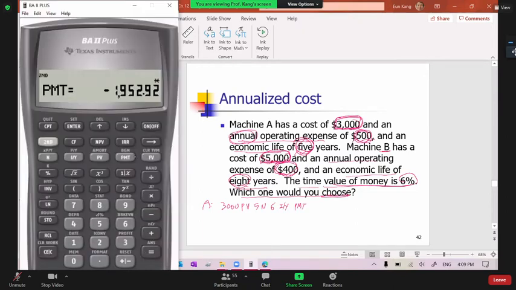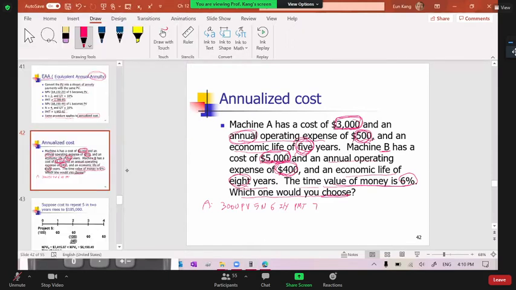So second, clear TVM again, 3,000 present value, 5 N, 6 I/Y, compute payment, 712.19. So this is annualized cost.